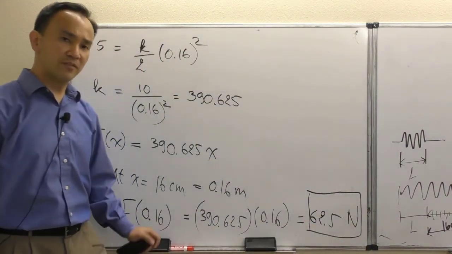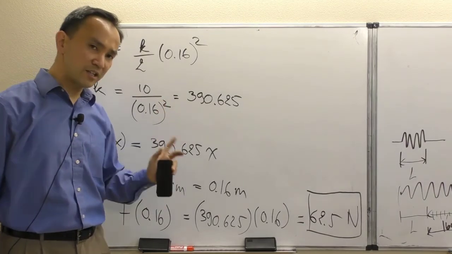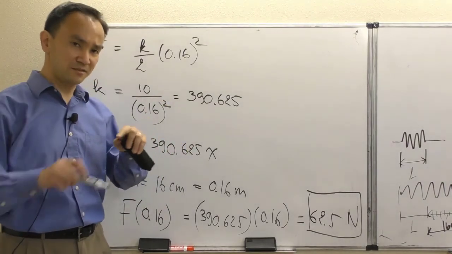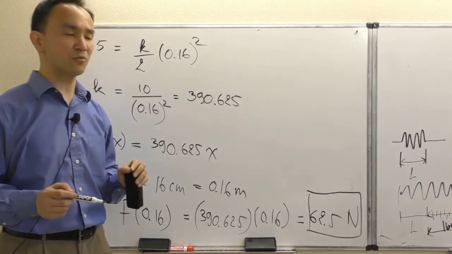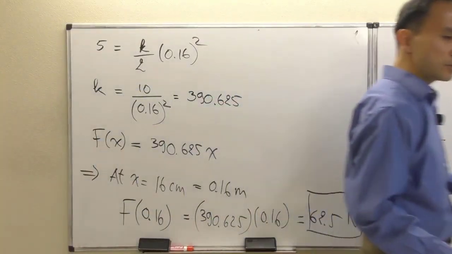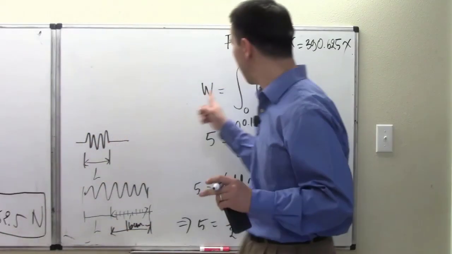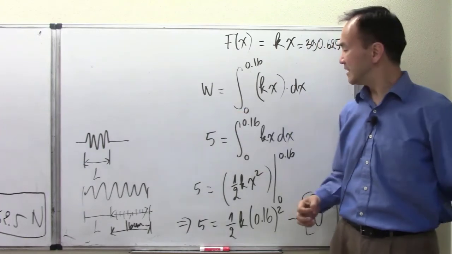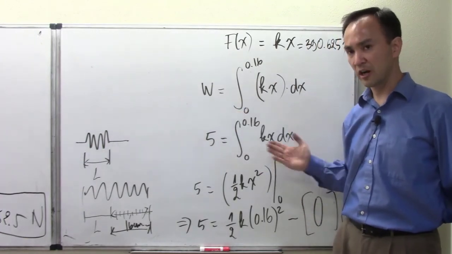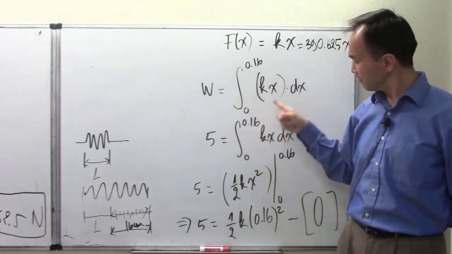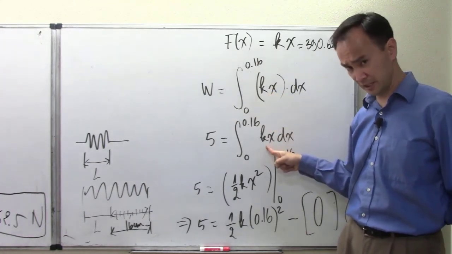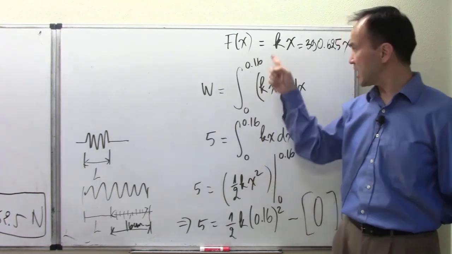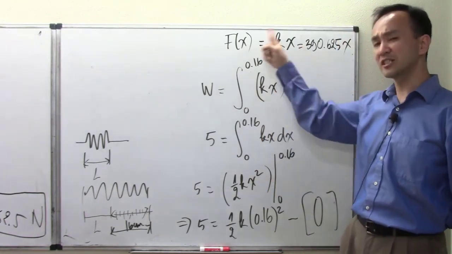And that's how we've learned another problem that directly works with the work being done on a spring. The problem started out by giving us how much work was done on that spring to stretch it out to a certain length beyond its natural length, and then we go from there to identify the spring constant, and from that we're able to arrive at our Hooke's law function.